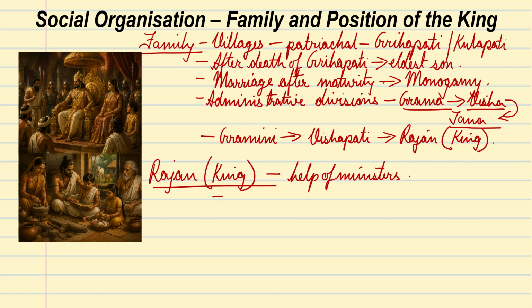Who were the important officers? Important officers were Gramini, Purohit, and Senani. Graminis are the heads of gramas. Purohit were the spiritual heads, and Senani was the commander in chief. Village administration was headed by the Gramini.